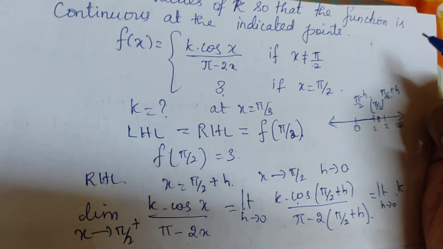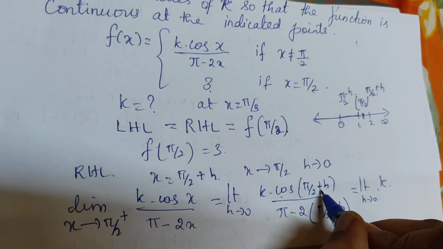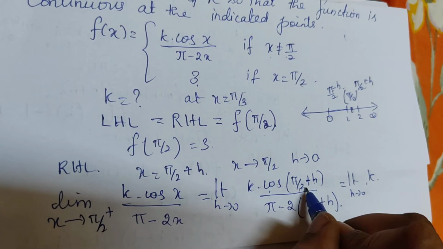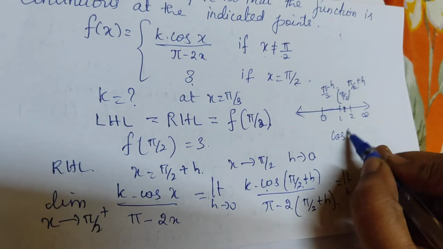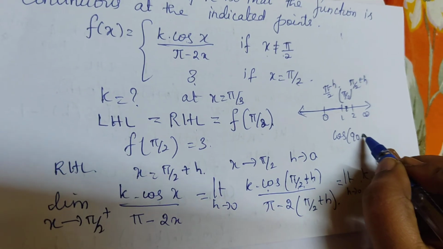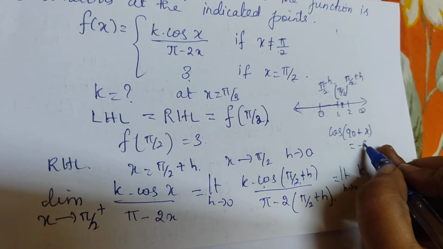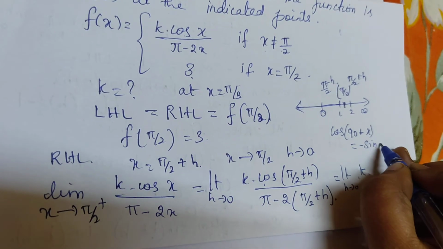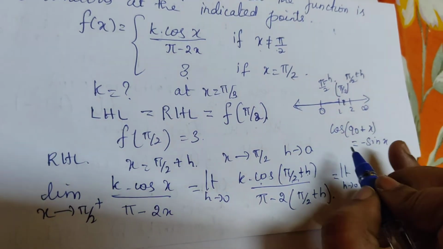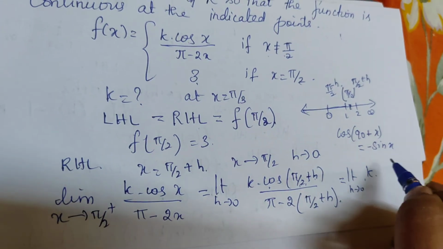Cos of pi by 2 plus h means it is in the second quadrant. In the second quadrant, cos of 90 degrees plus x will be minus sin x, because in the second quadrant only sine and its inverse are positive.